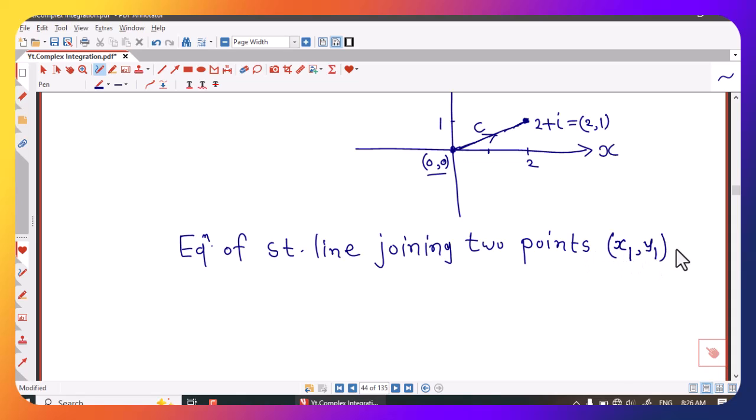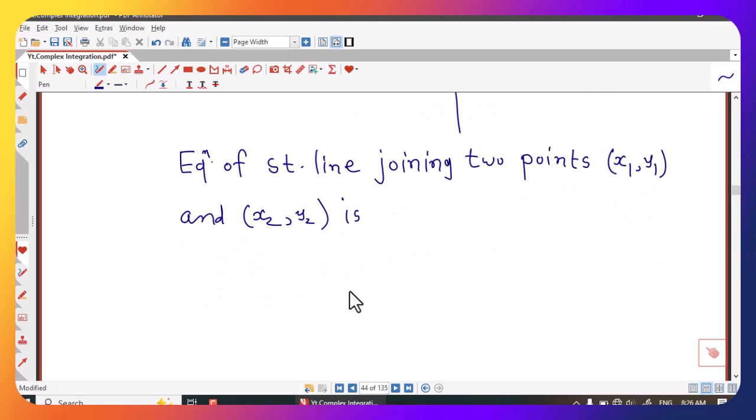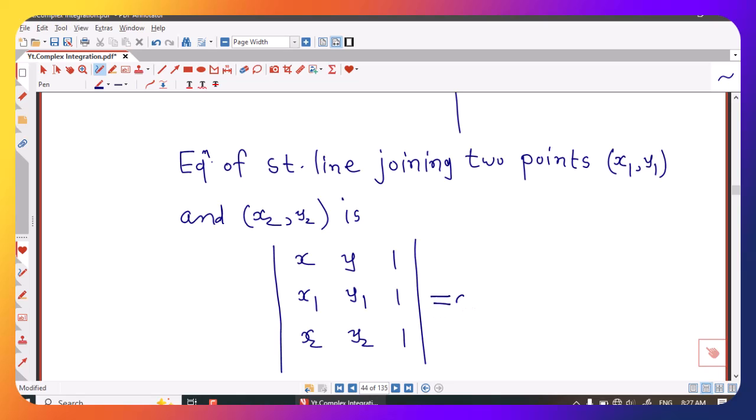Suppose one point is denoted by (x1, y1) and another point is denoted by (x2, y2), then we know this determinant form of the straight line. First row is x y 1, second row is x1 y1 1, last row is x2 y2 1. Determinant of this equal to 0. This is the formula for the straight line joining 2 points in the form of determinant.